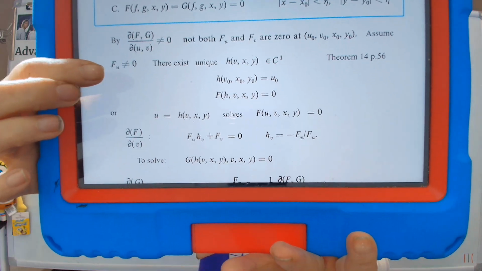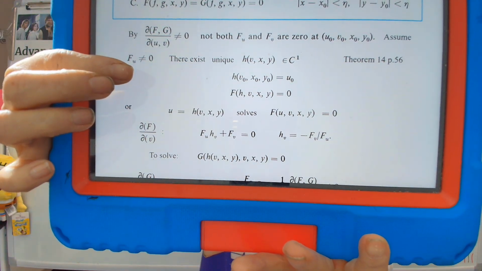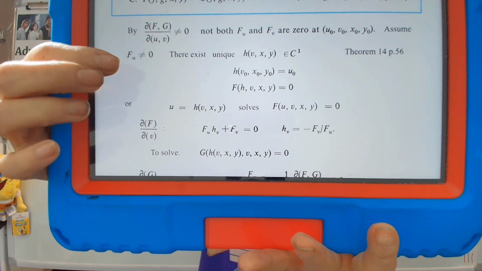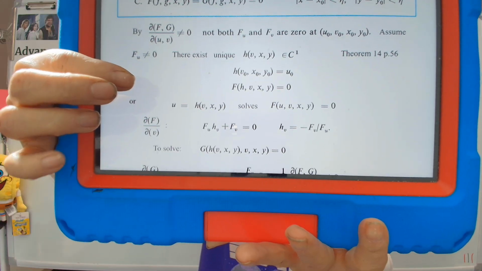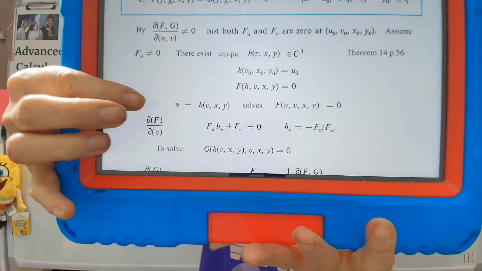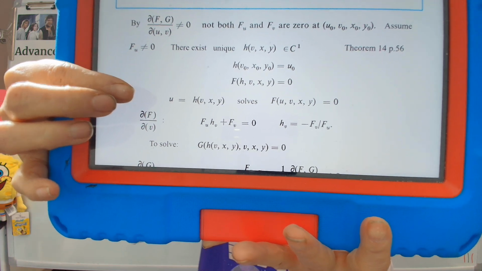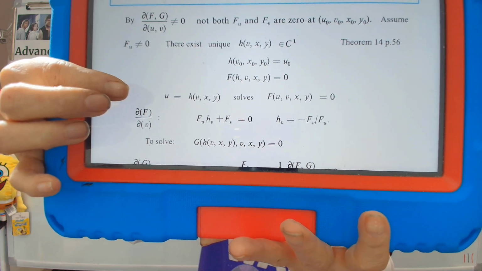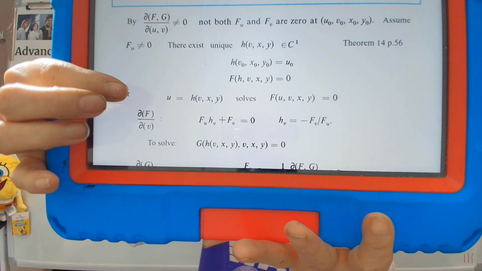Then there exists a function, I'm quoting theorem 14 now: because F_u is not 0, this satisfies theorem 14, which means we can plug u out of there, where u equals, let's say, h(v,x,y). So we can plug u out in terms of the other variables, which will solve the big F. So far, u solves the big F. Okay, so far so good.